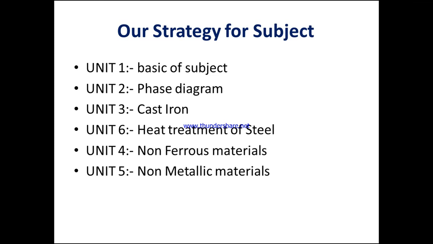So rather than studying heat treatment after non-ferrous and non-metallic materials, we will discuss it after steel, so that you get all the skills continuously. And as far as marks are concerned, unit number 2 and unit number 6 are for 14 marks, so that maximum marks coverage will be done in less time.